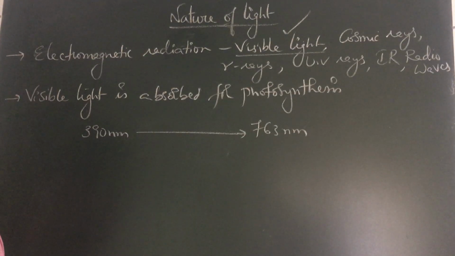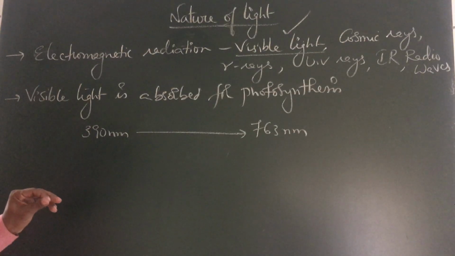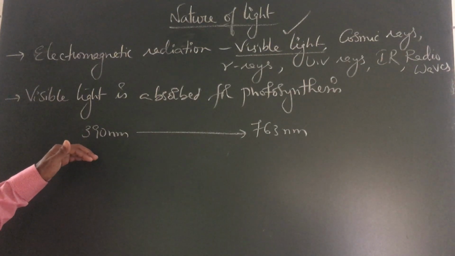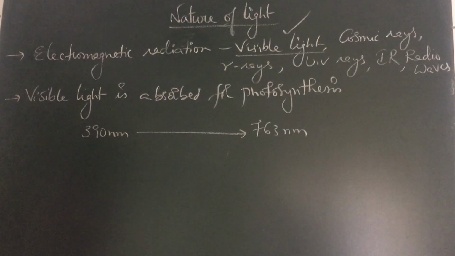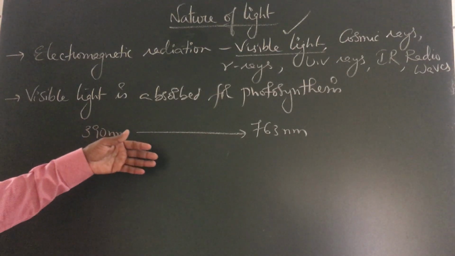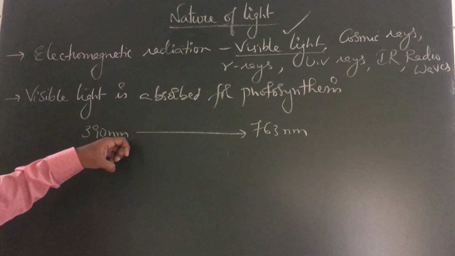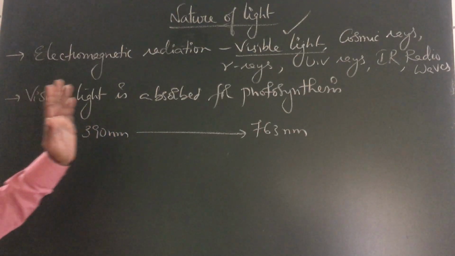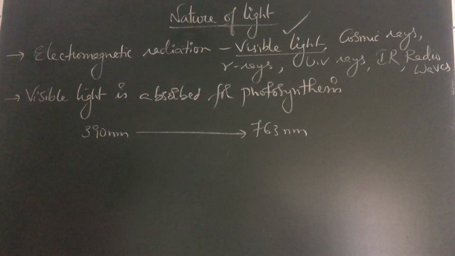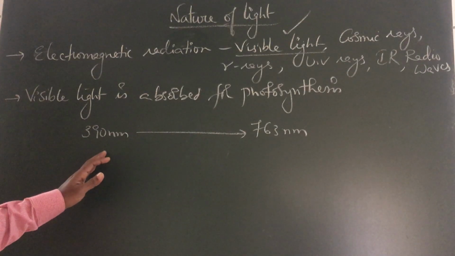If you take below 390, it is called UV rays. The UV rays will be below 390, and IR rays will be above 763.